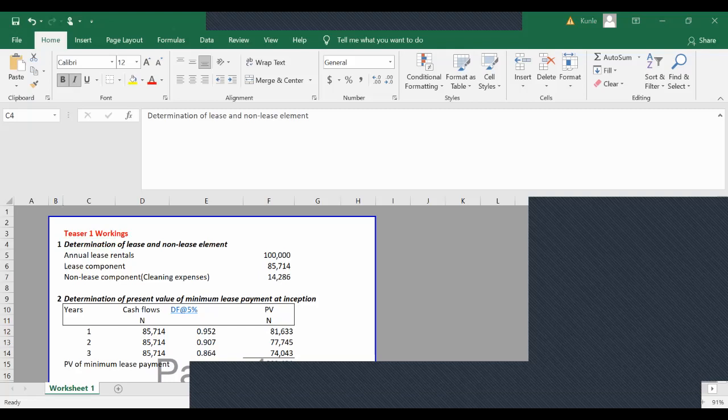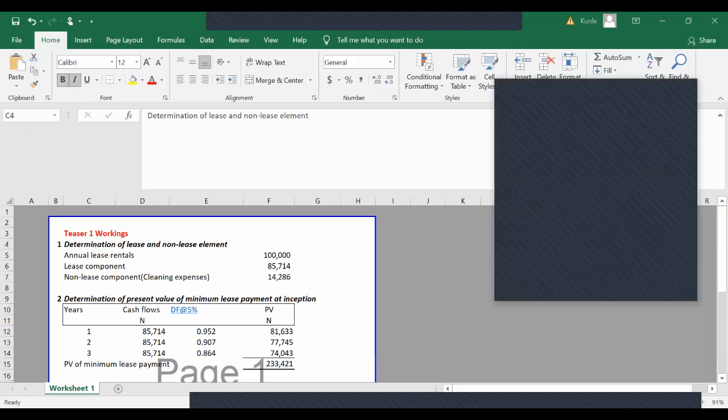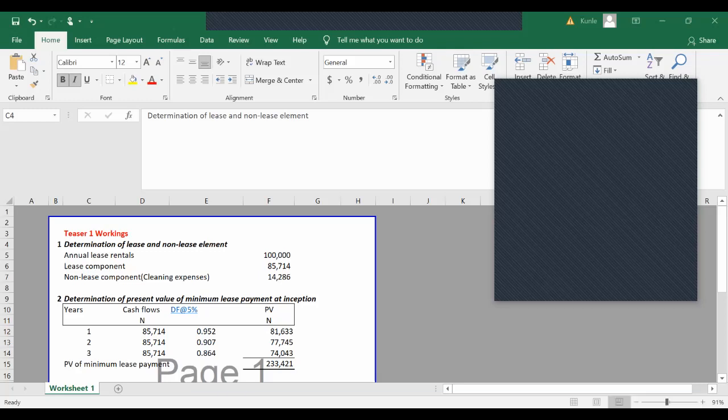Please confirm on the chat room if you can see my Excel file. Say hi if you can see my Excel file. Okay, Benjamin can see it, so I presume every other person can see it too.